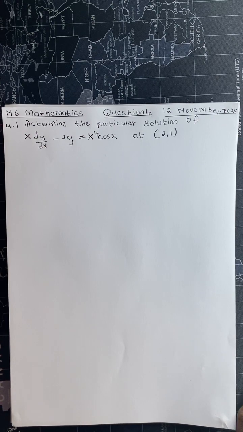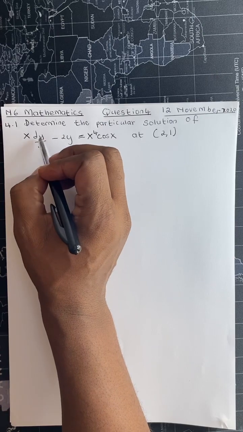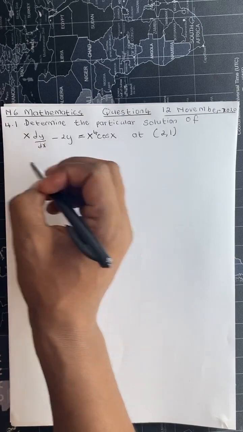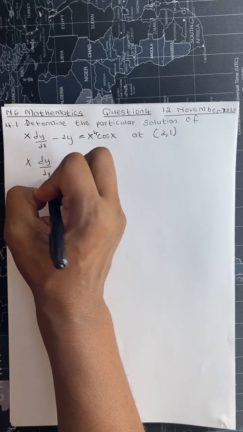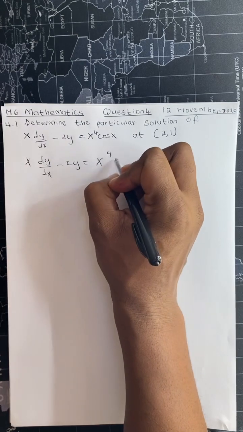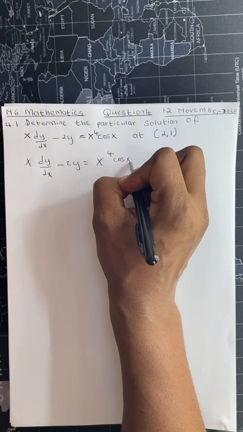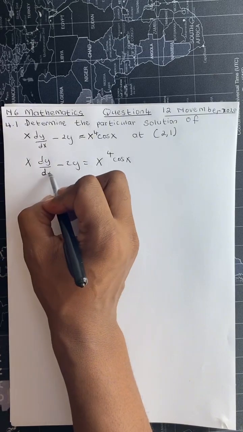So before we can determine the particular solution, we have to make sure that the coefficient of dy over dx is equal to 1 and not x. So we have to divide through by x in order to make sure that the coefficient of dy over dx is equal to 1.